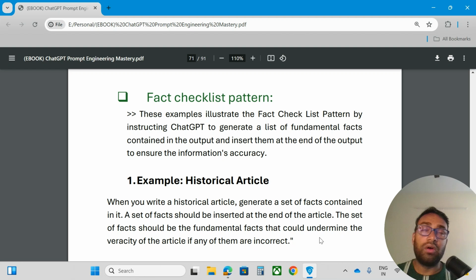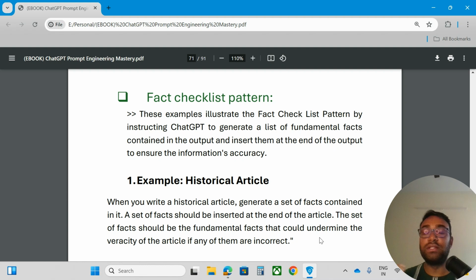Okay, so suppose it's giving a paragraph, a long story, or detailed information like 1000 words, 2000 words. We want to highlight some points, some facts, so that the content may be very powerful, more catchy, more attractive.